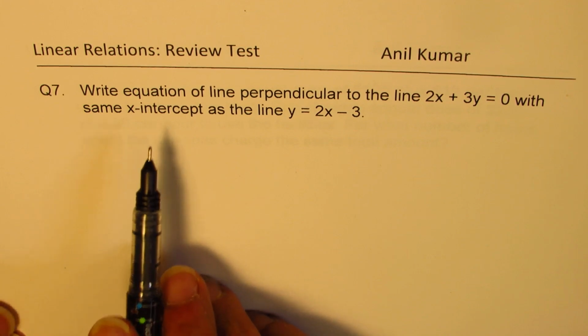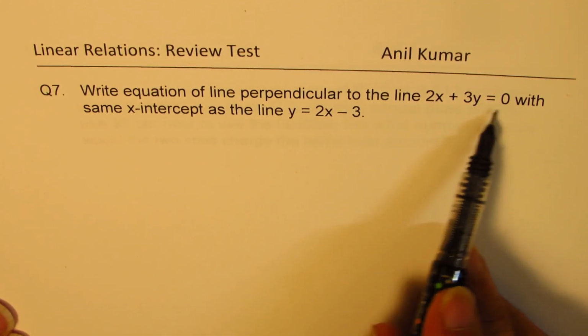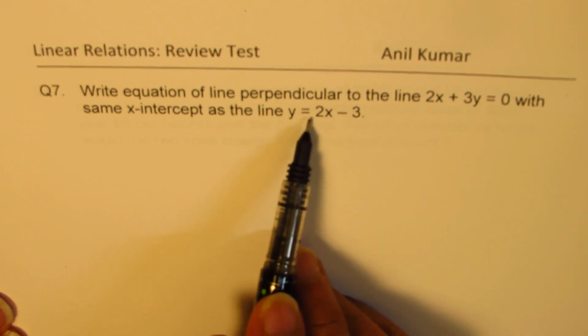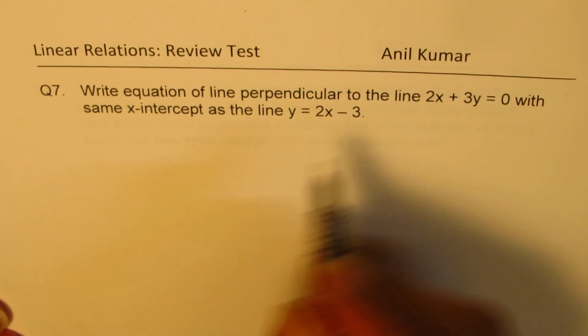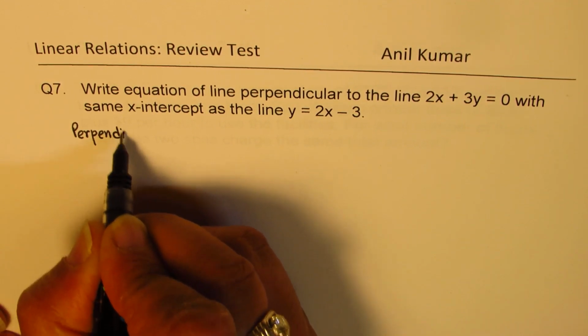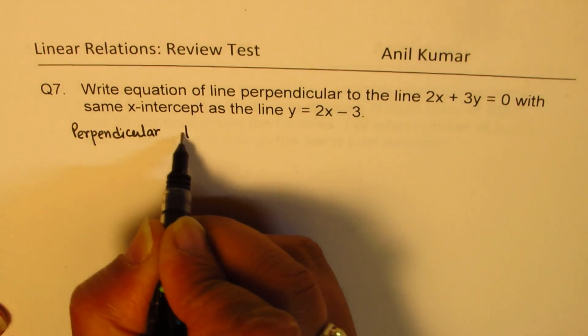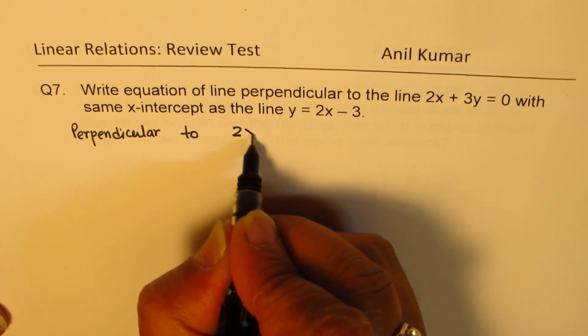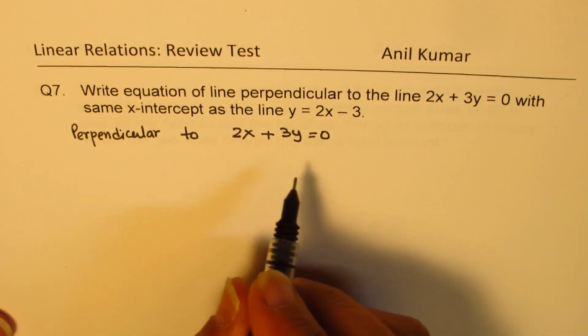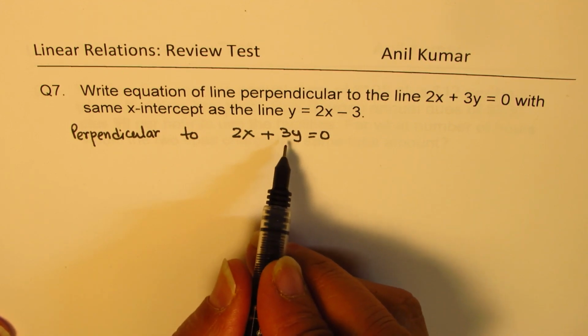Write the equation of the line perpendicular to this line with the same x-intercept as that line, right? So first thing is, we want to find the line perpendicular to 2x plus 3y equals 0. Let's work on this. So let's find the slope of this line.